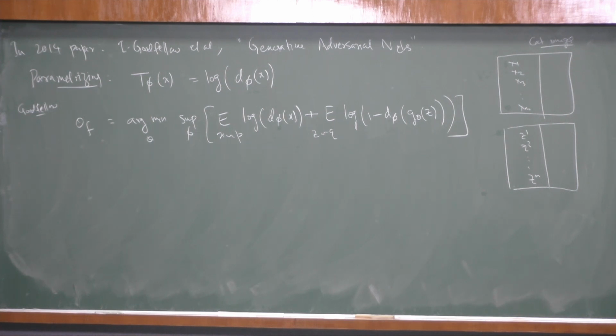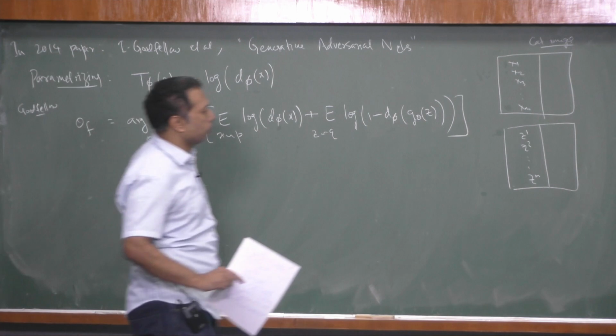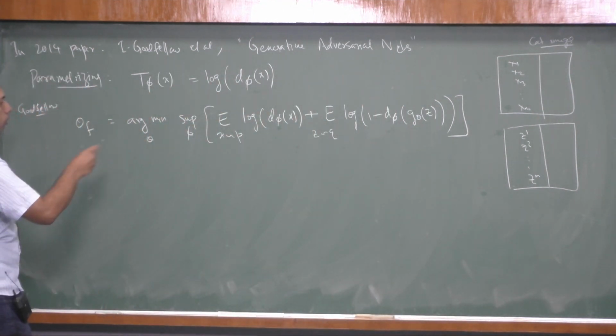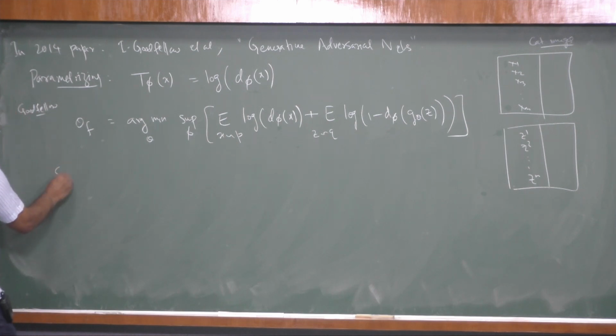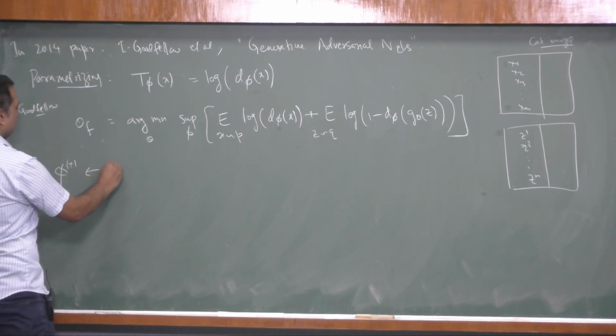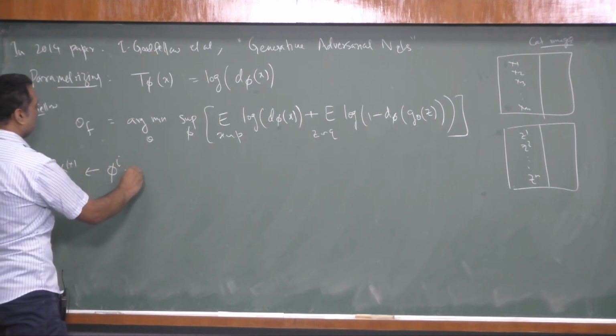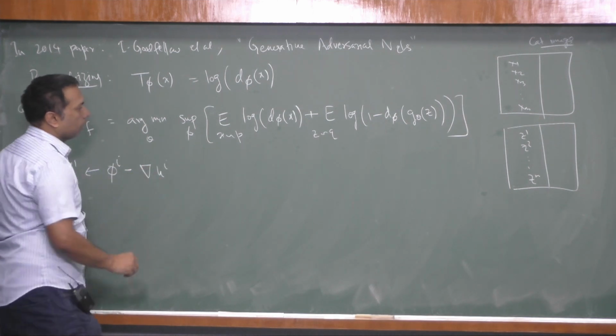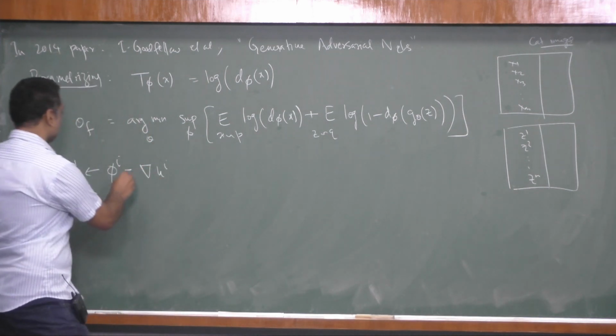So the update step could look like this: phi i plus 1, my new set of parameters for the model, is, if I do simple gradient descent, minus the gradient of the U_i that I computed. And this was ascent, sorry, so this is plus.